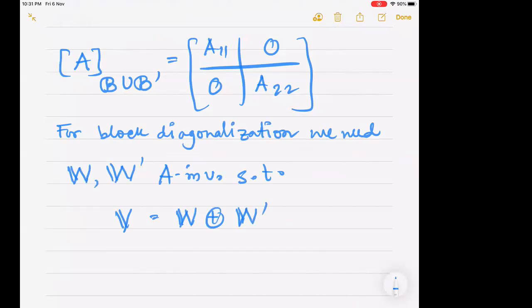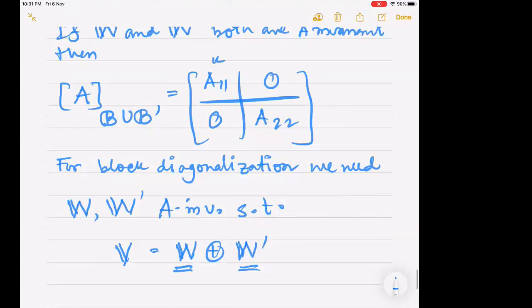And then in the new basis involving basis vectors from W and basis vectors from W prime, the operator is going to look like a block diagonal matrix. What size? This block will be K by K, where K is the dimension of W. This one is N minus K by N minus K. I hope you're understanding what's going on.